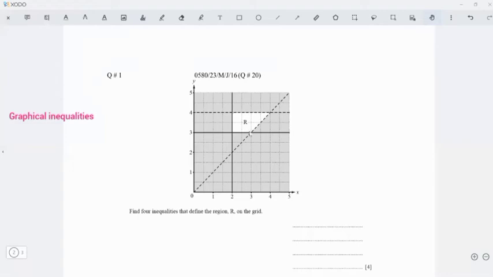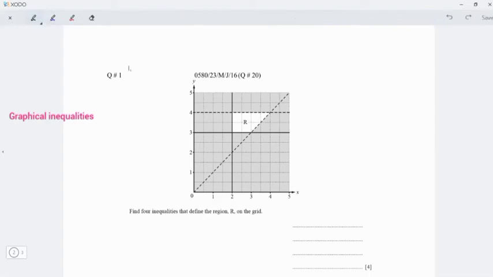So first of all, we have to recognize which of the lines are parallel to the x-axis or parallel to the y-axis. First of all, I'm talking about this line. It is a solid line. And what about the equation of this line?